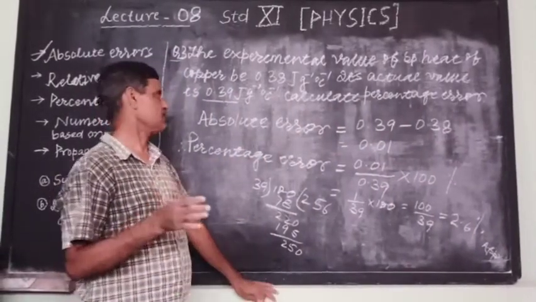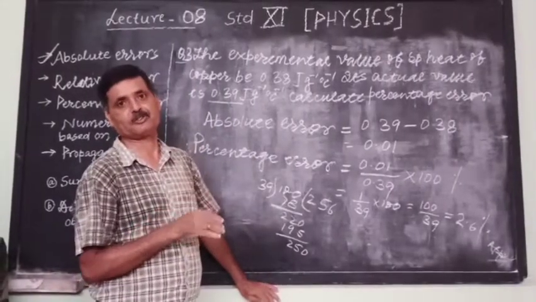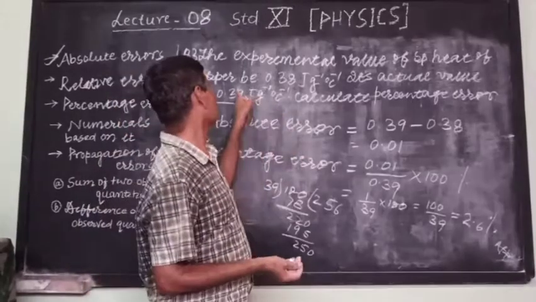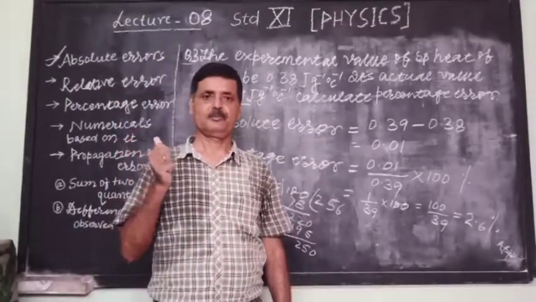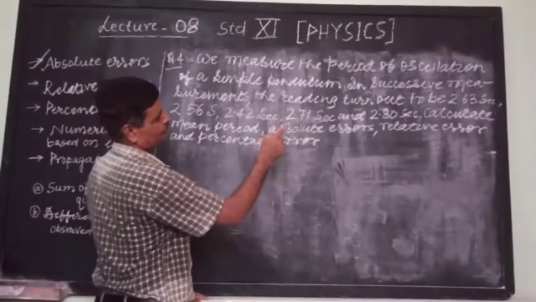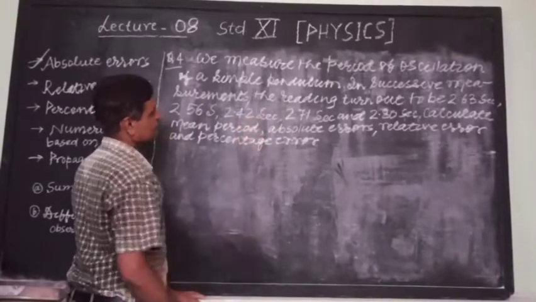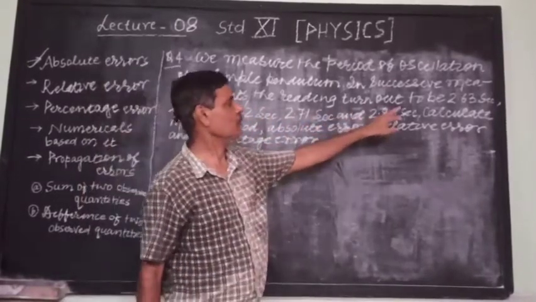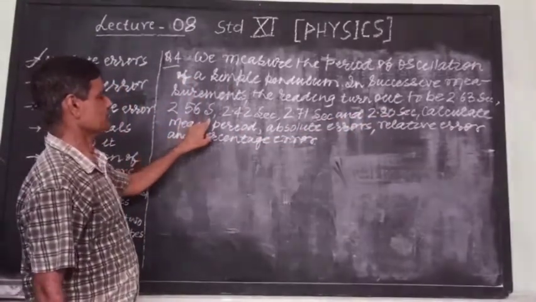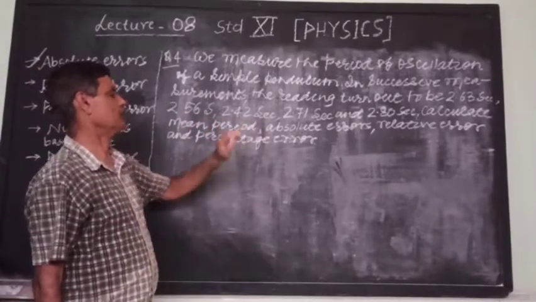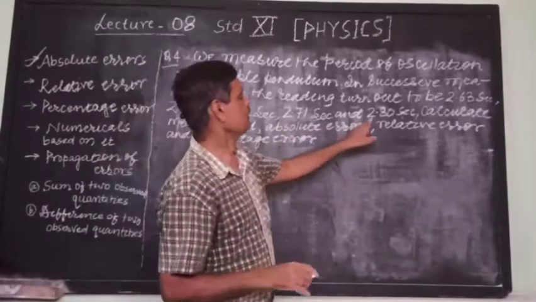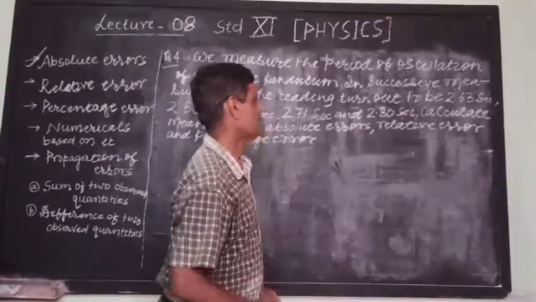And very interesting in the last example of this, I am expressing the last question related to this. The period of oscillation of a simple pendulum. The successive measurements, the readings turned out to be 2.63 seconds, 2.56 seconds, 2.42 seconds, 2.71 seconds, and 2.80 seconds respectively.